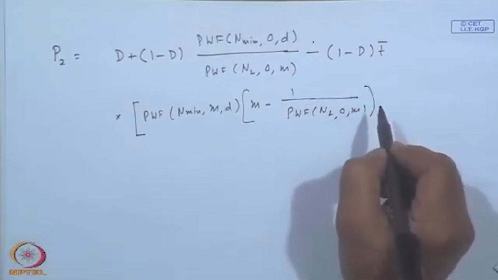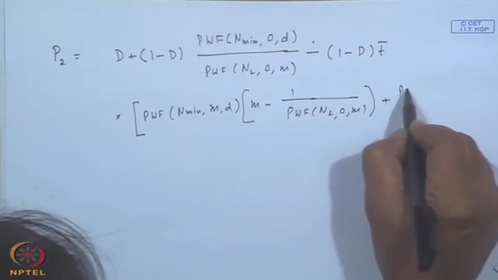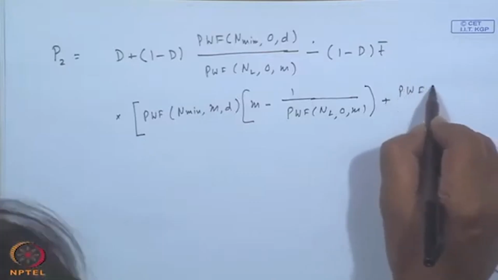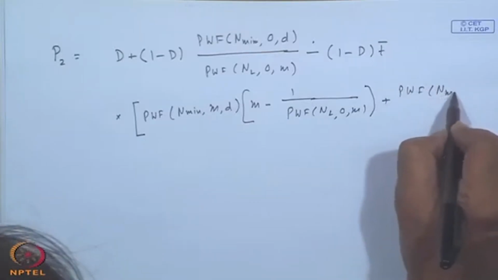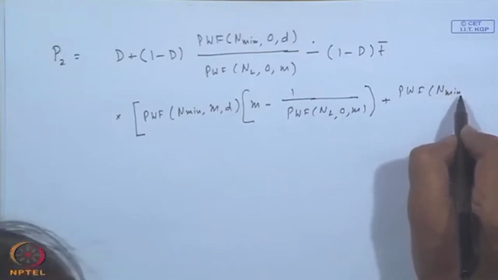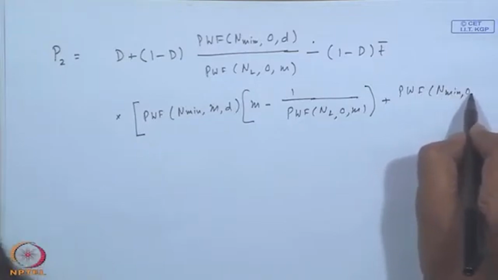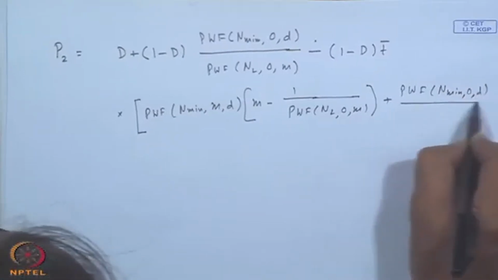You don't have to be scared about this long expression, because the only thing that is dangerous is that present worth factor. Fortunately, there are websites where, given N minimum or whatever the next number and the D, it will calculate and tell you the present worth factor straight away.